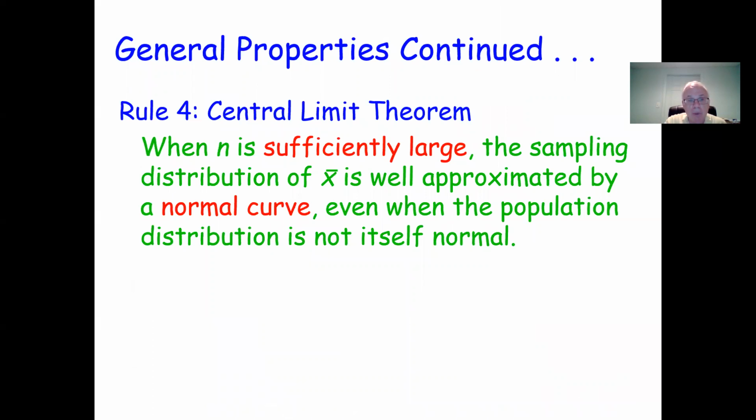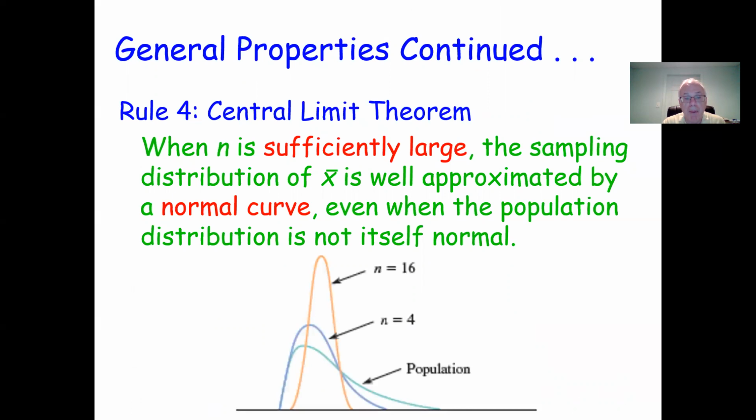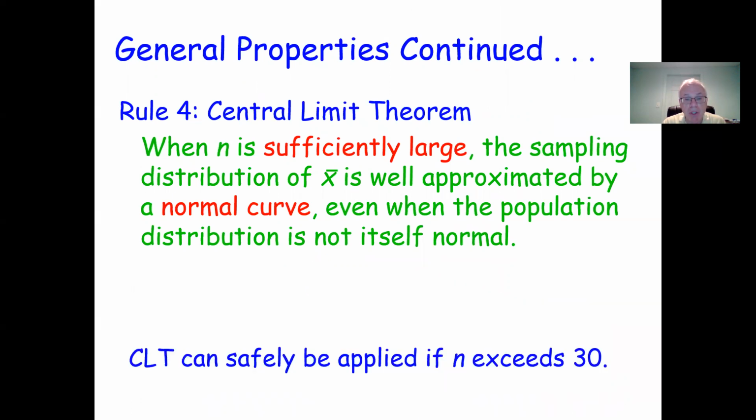All right. And we talked about the central limit theorem, which basically says that if the sample size is sufficiently large, the sampling distribution is well approximated by a normal curve, even if the population distribution is not normal. And what is sufficiently large? At least 30.